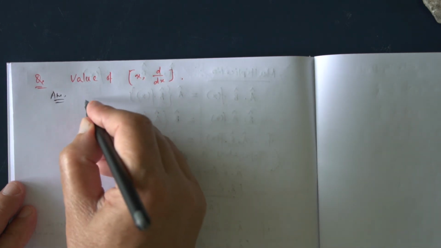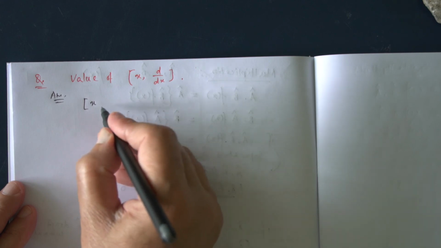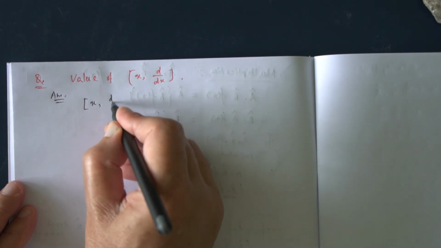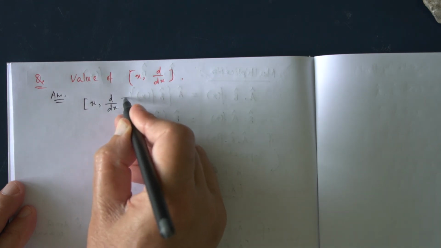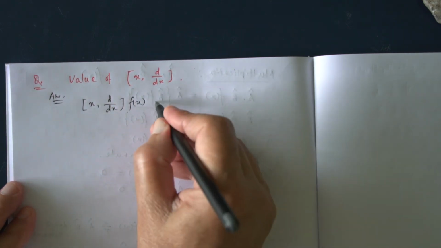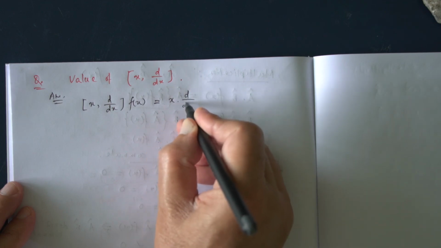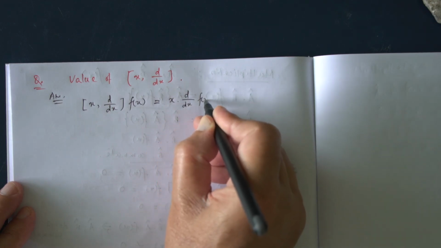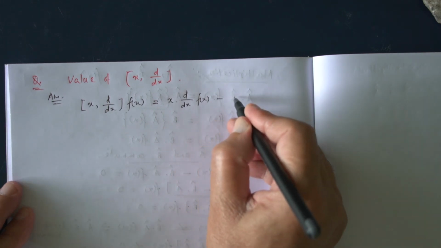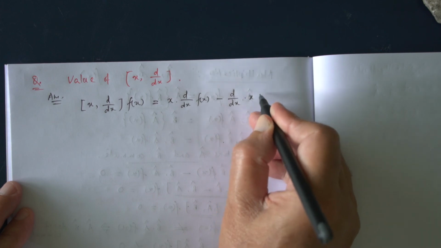You take the function as f(x), so this will be equal to x d/dx f(x) minus d/dx into x f(x).